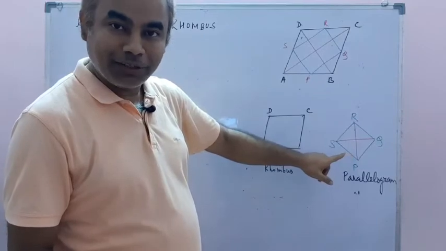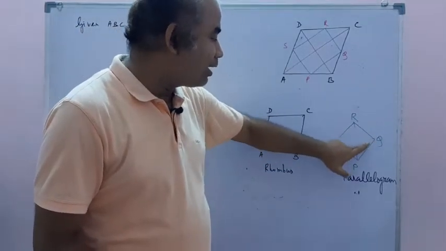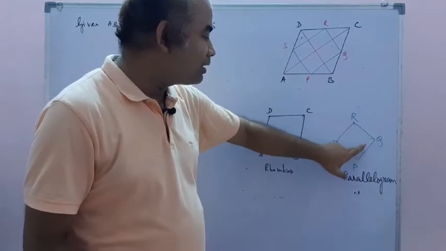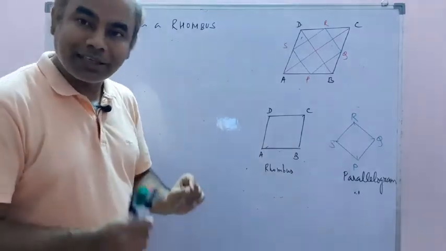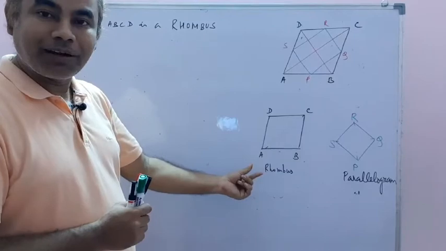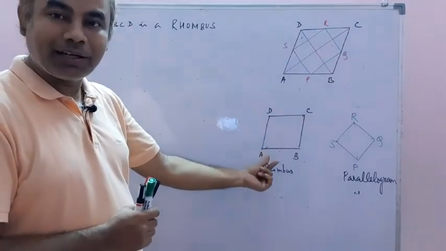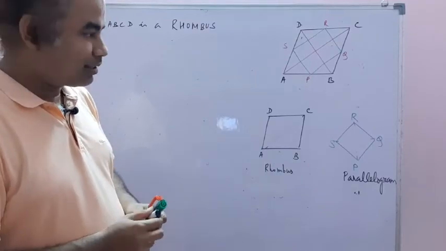That you already know. Now if ABCD is any quadrilateral, then PQRS is a parallelogram. But if ABCD is a rhombus, is PQRS also a special parallelogram? Because a rhombus is a special parallelogram, a particular quadrilateral. So is it a particular type of parallelogram? That is what we are going to discuss.